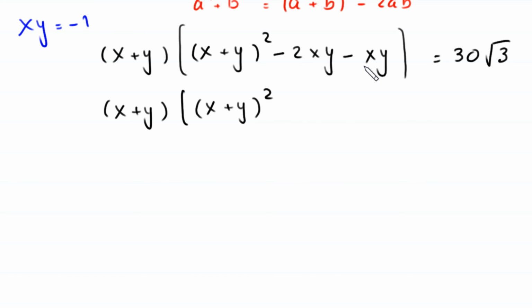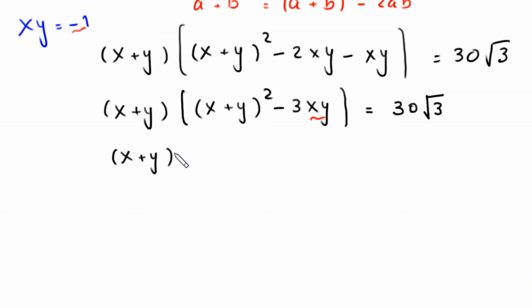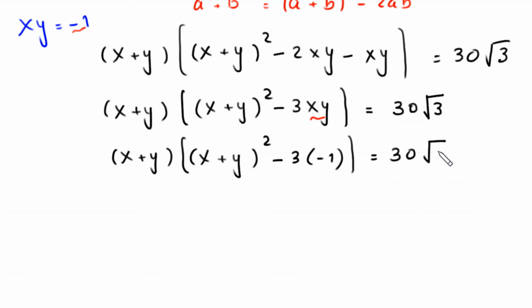Negative 2xy minus xy will become negative 3xy, and this is equal to 30 times root 3. Now we replace this x times y with the value negative 1, so this will become x plus y times x plus y whole squared minus 3 times negative 1, equal to 30 times root 3.